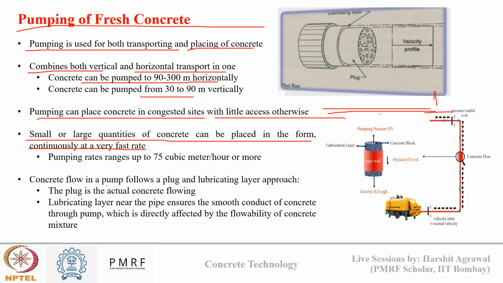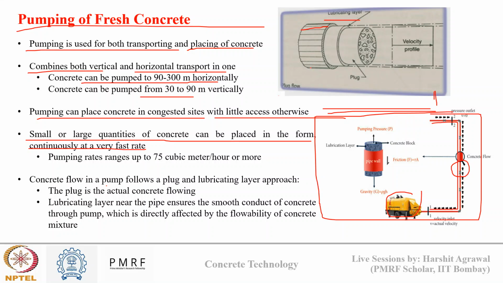So first see this diagram. You can see here, this is my pump and this is my pumping line through which my concrete can flow. Now, when my concrete is flowing through this pipe, there are two portions inside my concrete. There is a lubricating layer which is near the pipeline, and there is a plug. The plug is the concrete that matters to us.